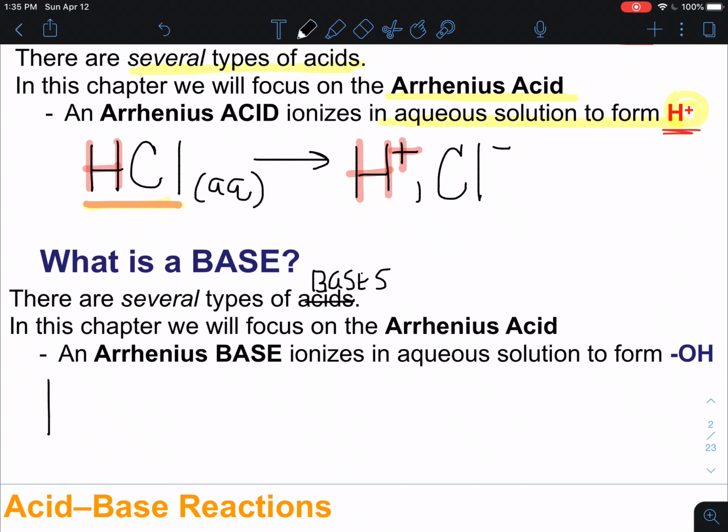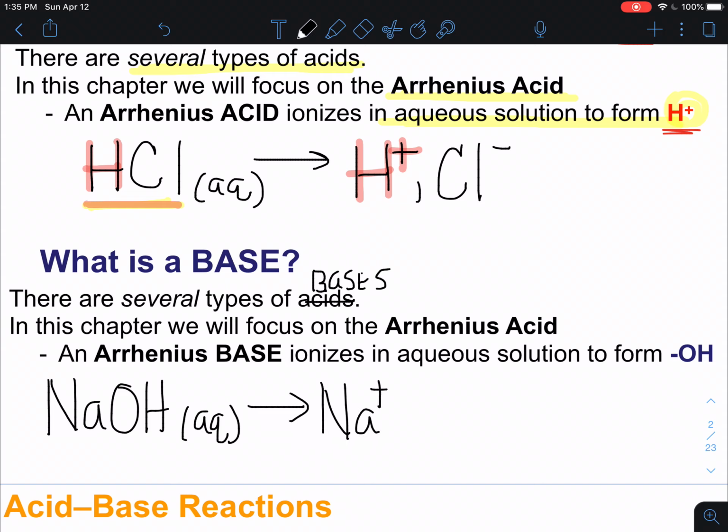An example of this would be sodium hydroxide, NaOH, aqueous. When it ionizes in water, it's going to form Na+, which is not very relevant in acid-base chemistry. It's the OH- that's relevant. So this OH- is the guy that's important.